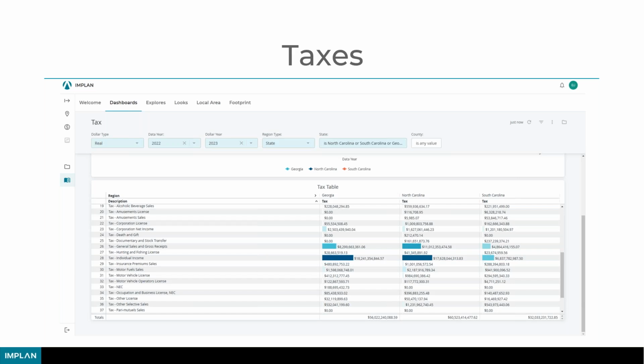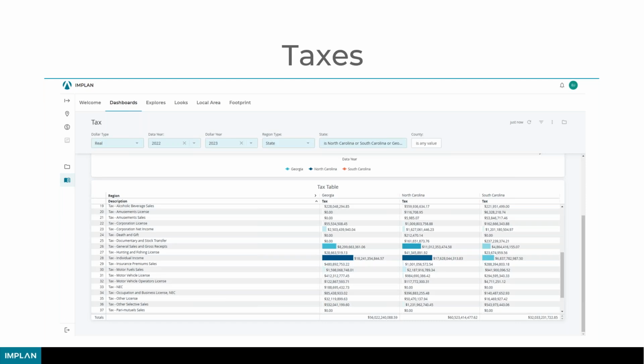So in other words, we're looking at taxes on amusement licenses are 0 in Georgia, 100,000 in North Carolina, 6 million in South Carolina. So the way a state taxes and levies taxes varies significantly. And so this helps tease out those differences in that data.